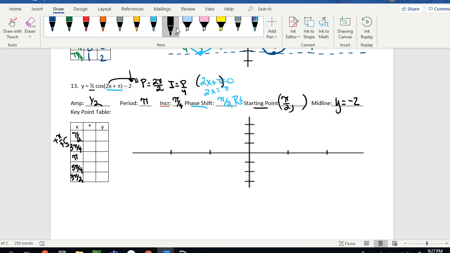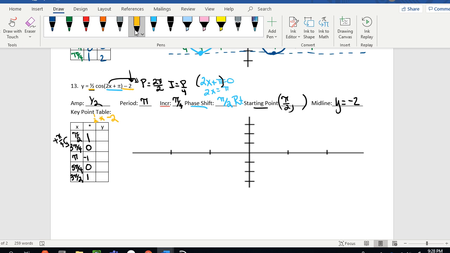Now I am on cosine, so cosine starts at 1. So now I do 1, 0, negative 1, 0, 1. I am going to take that magic number and, look where I'm underlining this in yellow. This is the worst part for you all. You take 1/2 times the magic number minus 2.